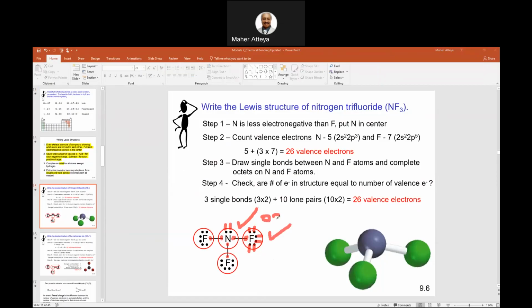So the octet, they have 8 valence electrons surrounding them, whether they are bonded or non-bonded. Does not matter. The main thing is you add them all up, they are 8. So the octet rule is held here, correct? So this is the final Lewis dot structure of nitrogen trifluoride.